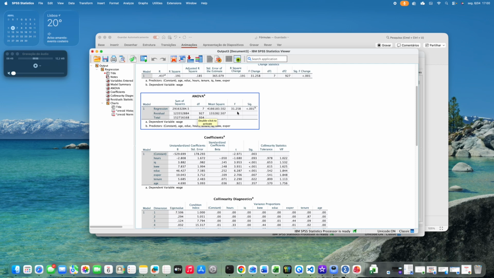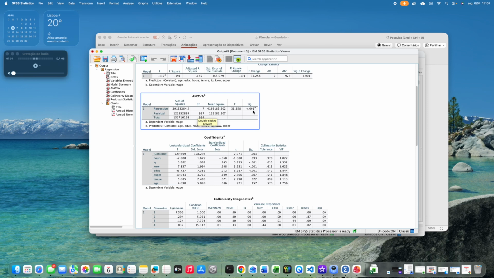This F statistic is the ratio of the mean square to the mean square residual. That is, how many times the explained variance is larger than the unexplained variance.